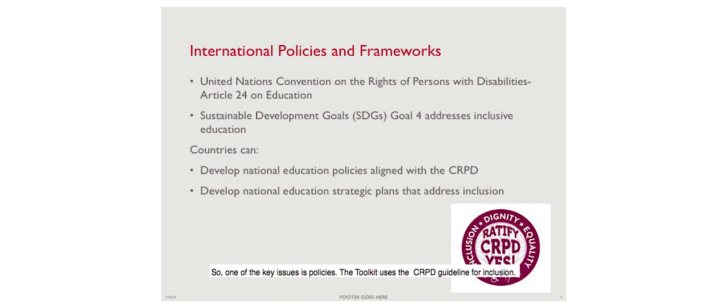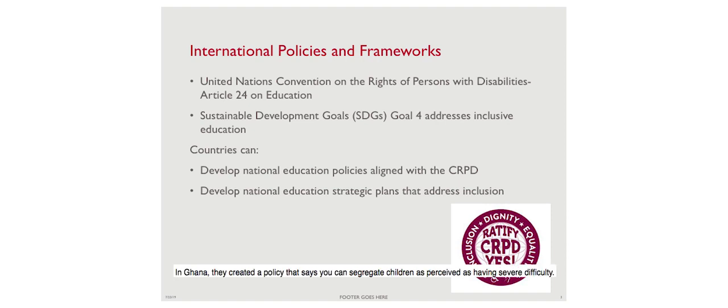So one of the key issues is policies. The toolkit uses the CRPD as our guideline for inclusion. The CRPD has an article on education, and the general comments also say that you cannot have two parallel systems. You cannot have segregated education and be aligned with the CRPD.